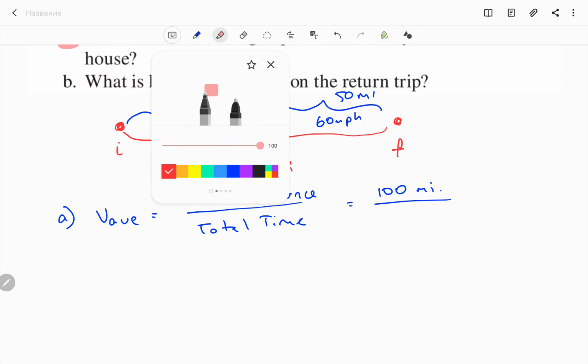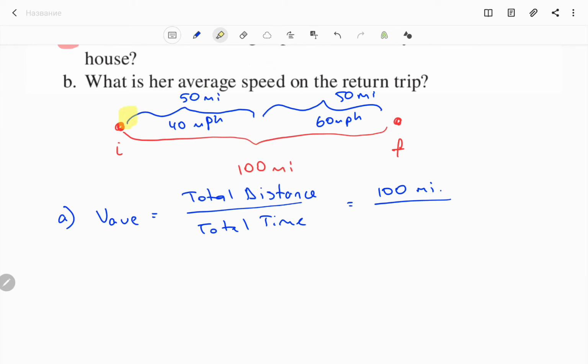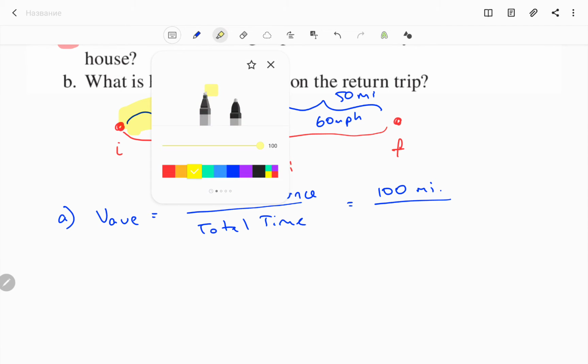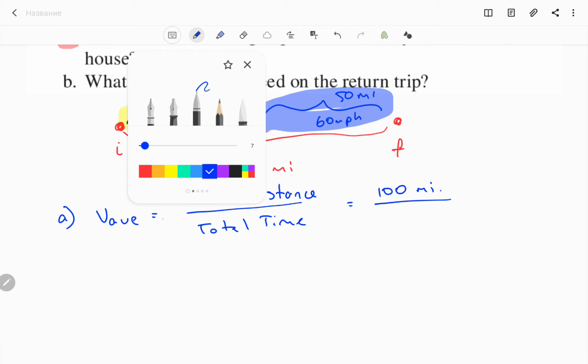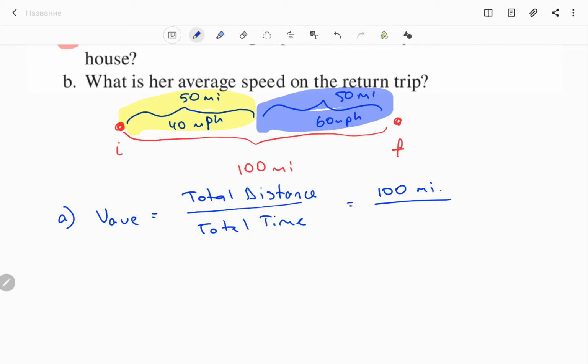What is T1? T1 is the time needed to travel the first half, this part. Then time 2 is the time needed to travel the second half, this one. So let's call them T1 for the first half and T2 for the second half. So we have this kind of equation.